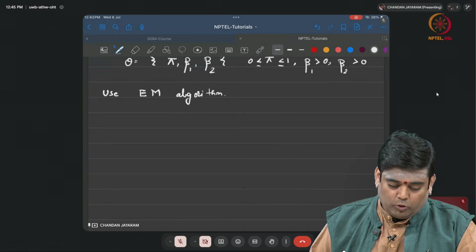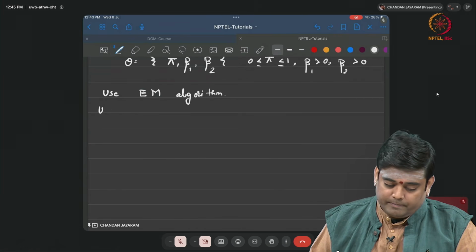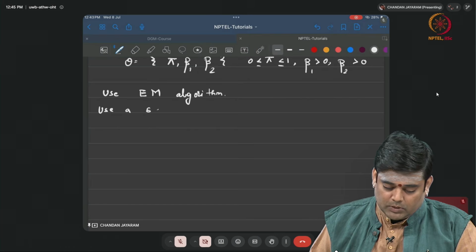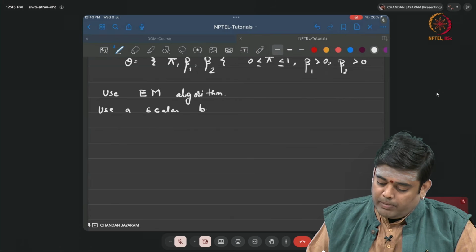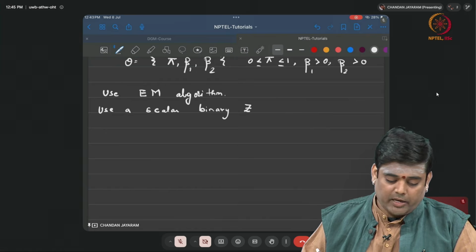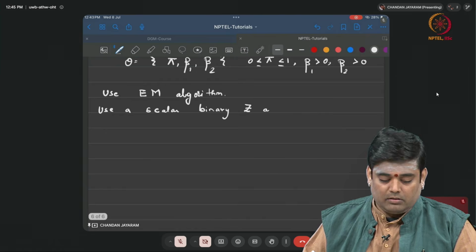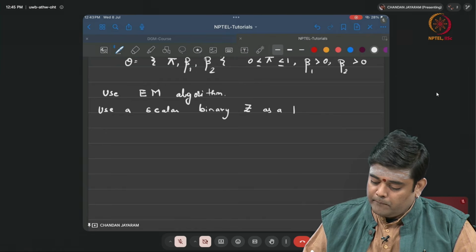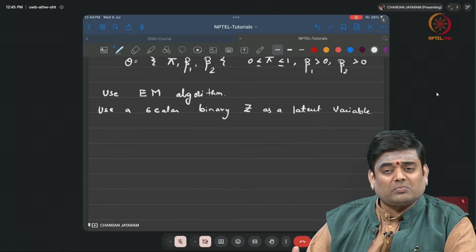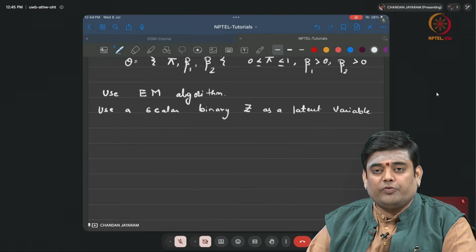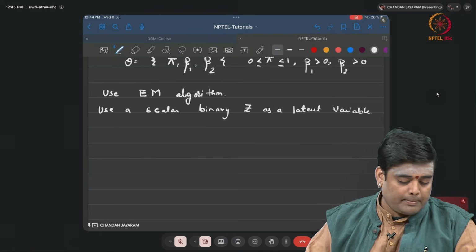Use a scalar binary z as a latent variable. You can think of it like this: I have a coin and I toss it. If it is head, I choose from component 1; if it is tail, I choose from component 2. That is equivalent.